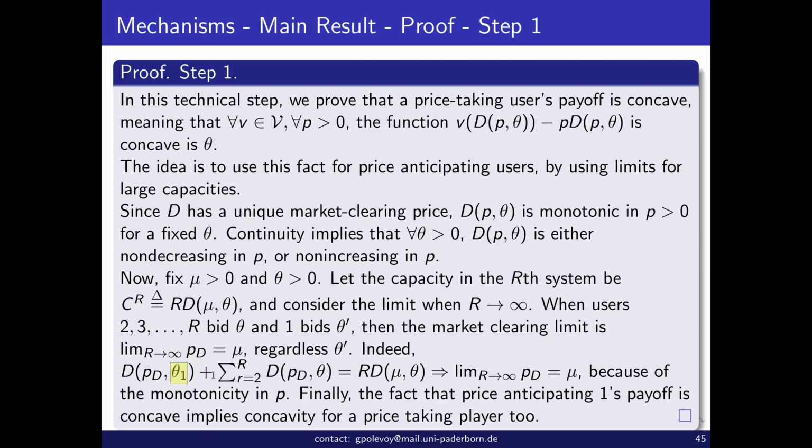For the rest of the users who bid theta, the total resource which they all have to get is R times D of mu and theta. Therefore, from the equality, in the limit, when the number of users goes to infinity, the price goes to mu. And here we use the monotonicity in P.